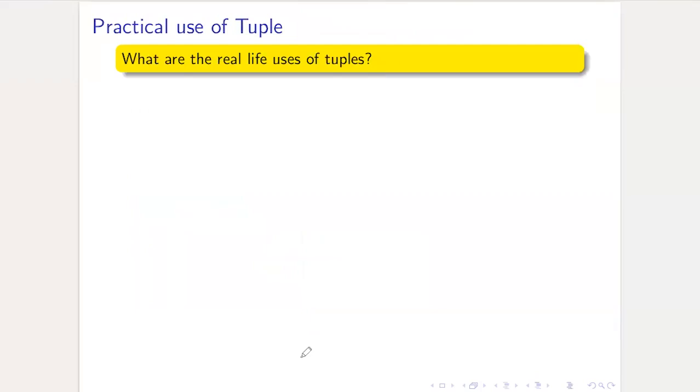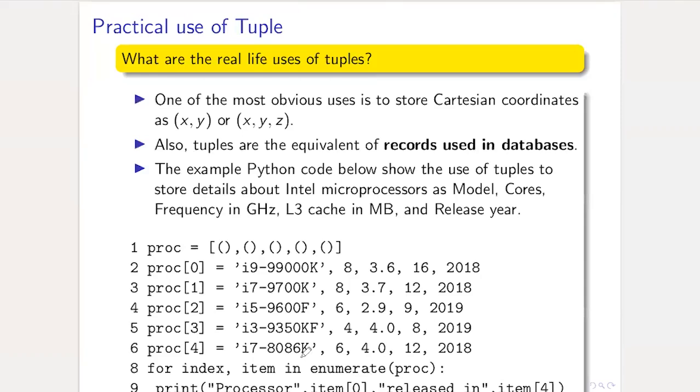Right. This part of the lecture series is concerned with solving problems. So what are the practical uses of a tuple? The obvious one that would come to your mind is representing Cartesian coordinates. We are engineers. Whatever field of engineering we practice, say civil, mechanical, or chemical and process engineering, you will require Cartesian representation of data.